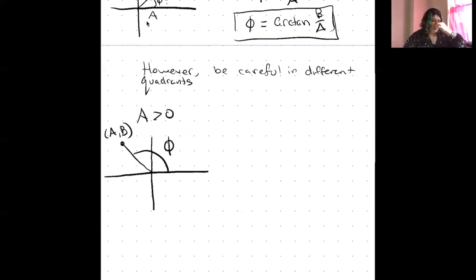Okay, so we're still looking for phi, but we have an issue with the quadrant that we're in. So one thing I'm going to do is extend this out so that now I have a perfectly straight line.